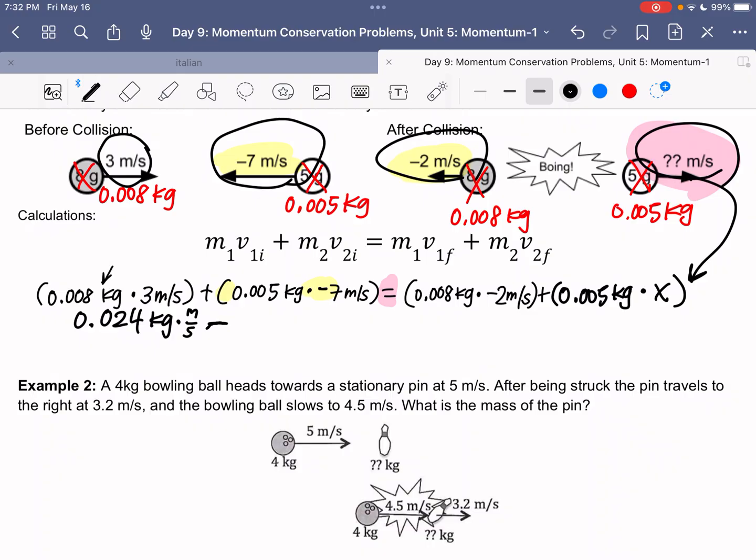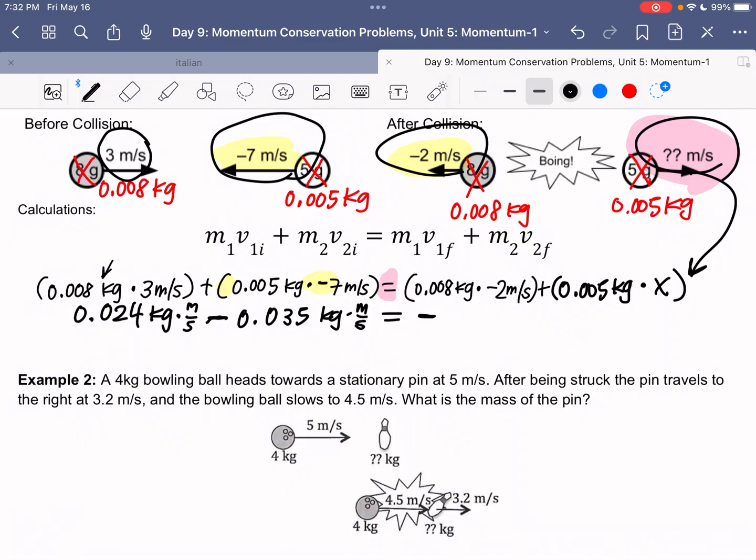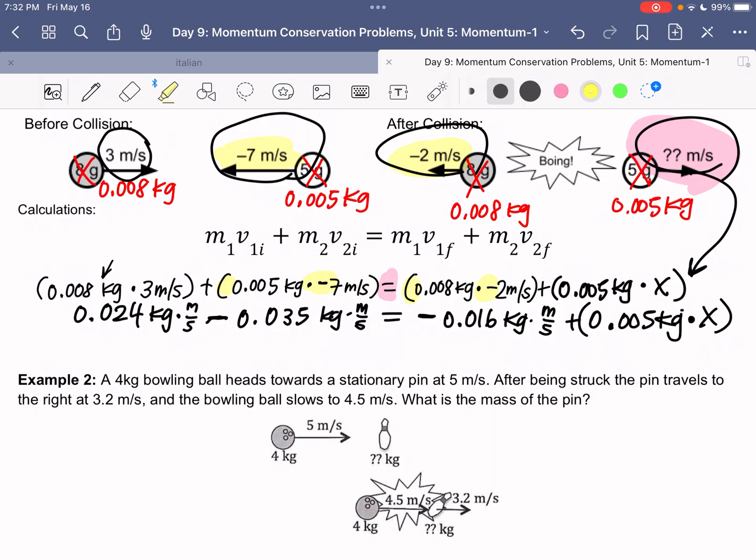Your negatives matter, people. So 0.005 times -7 is -0.035 kilograms times meters per second equals, well, I could just do the math. So it's negative 0.016 kilograms times meters per second plus, we don't know this one, so it's gonna stay the same, 0.005 kilograms times x.